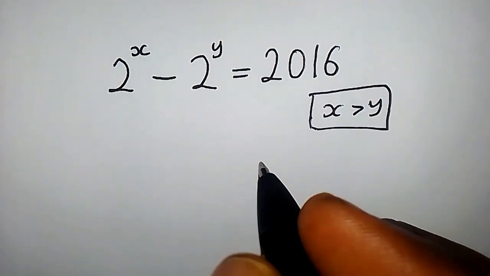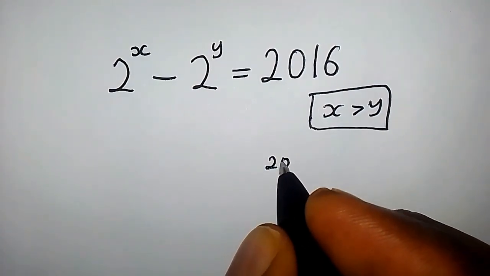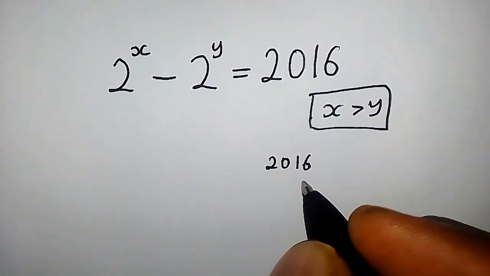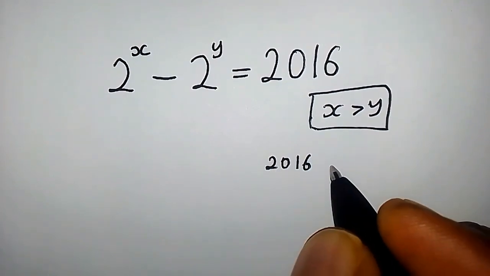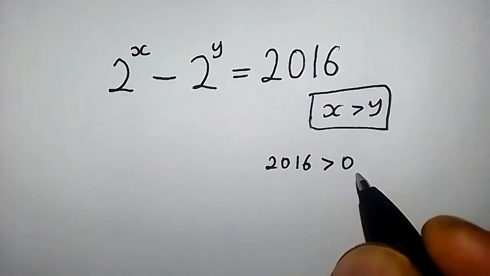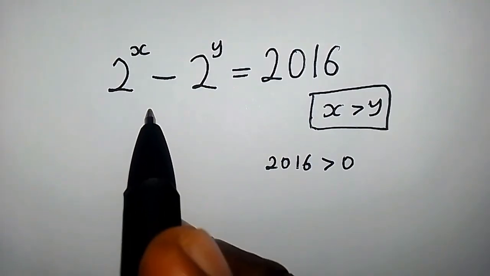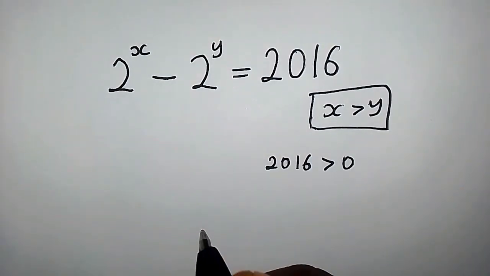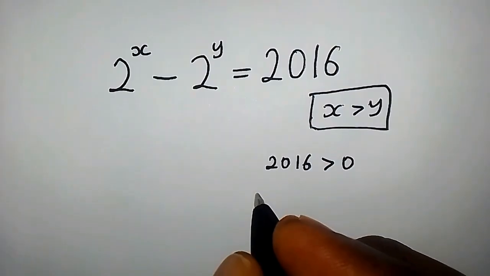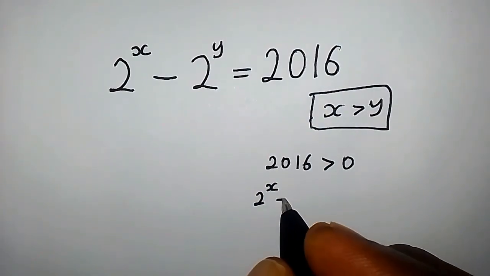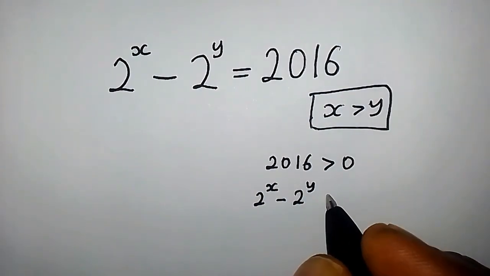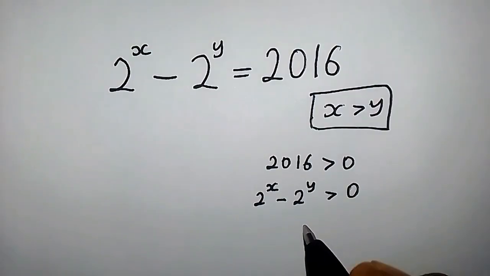The right hand side is 2016, and it is obvious 2016 is greater than 0. So if the right hand side is greater than 0, that means the left hand side also must be greater than 0. So 2 to the power of x minus 2 to the power of y is also greater than 0.